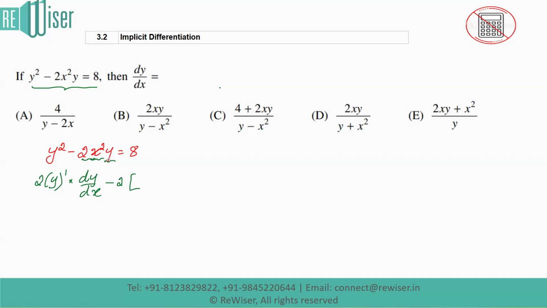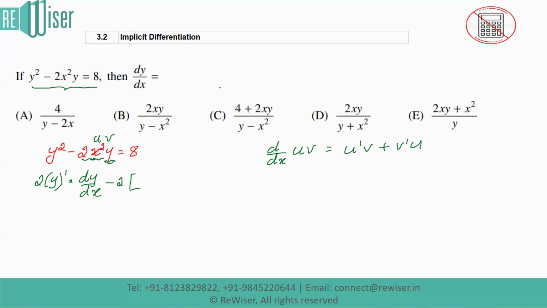If I have u times v, the derivative of u times v will be equal to u dash v plus v dash u, which is the derivative of the first term keeping the second term as it is, plus the derivative of the second term keeping the first term as it is.